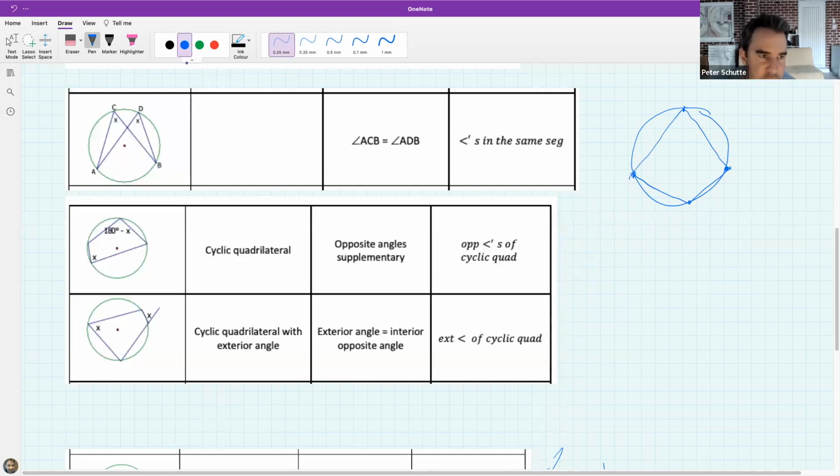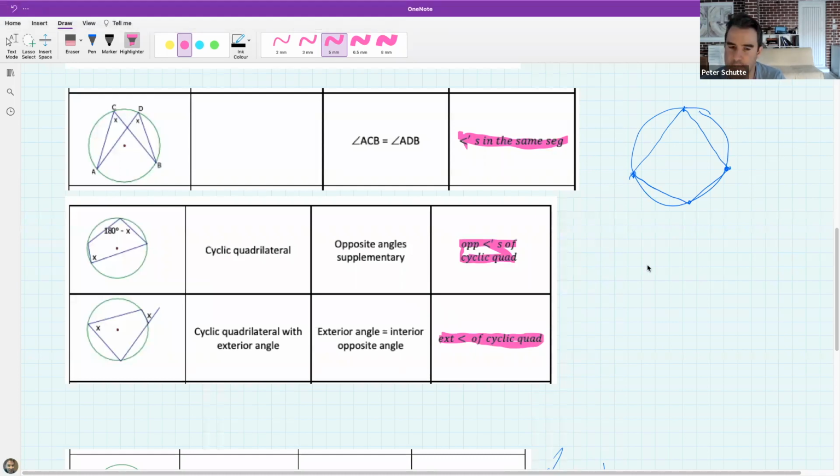The three theorems that we dealt with were angles in the same segment, opposite angles of a cyclic quad, and exterior angle of a cyclic quad. And so we covered a lot of visual questions around that. But this is really the grouping of cyclic quads and circles. So take a screenshot if you want for that.